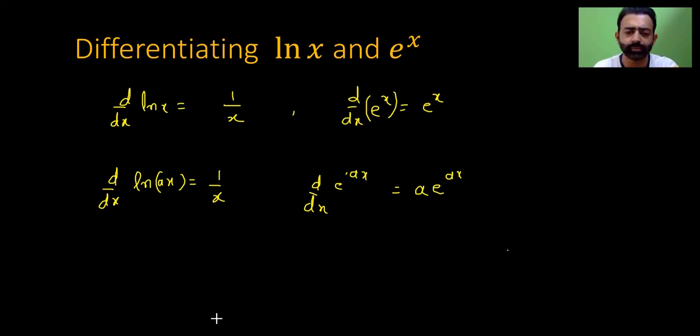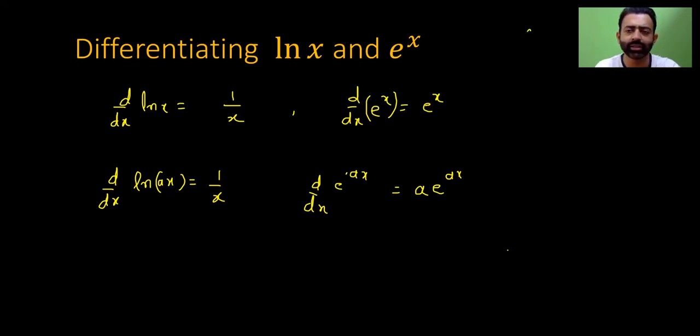More generally, instead of this ax, some other function is given, meaning log is a function of another function. Let us say ln 2x, or ln e raised to power x, or ln sin x, or ln cos x, any trigonometric function. So in that case, what should be the general formula for differentiating any function, not just log? Again the chain rule will be applied, that you first differentiate the outer function.